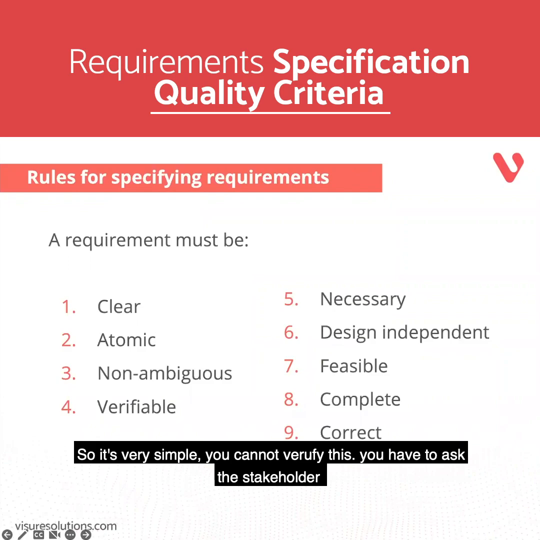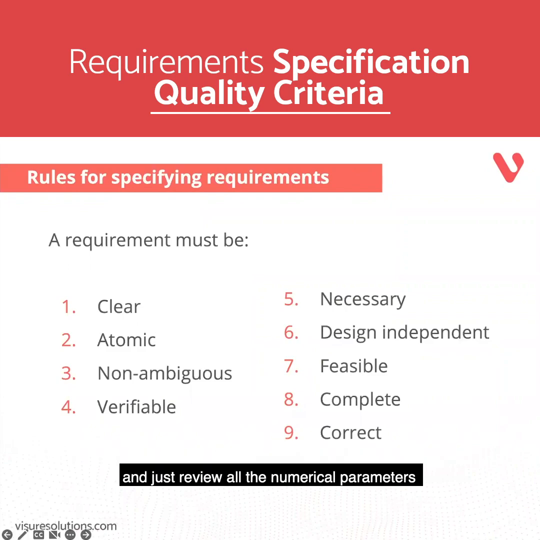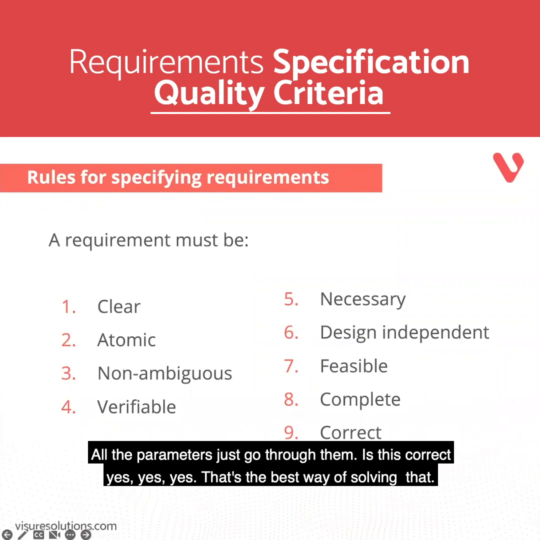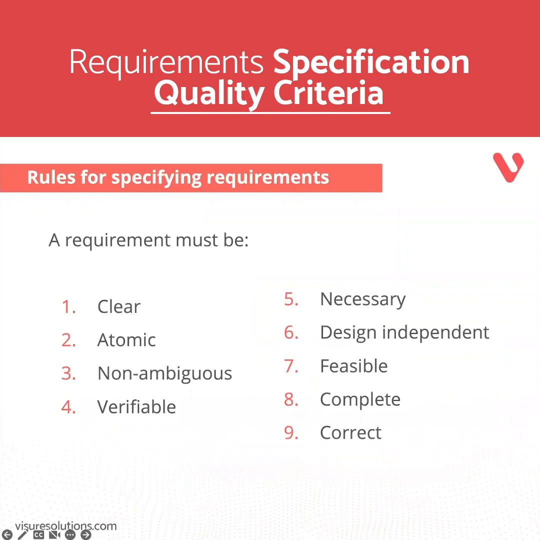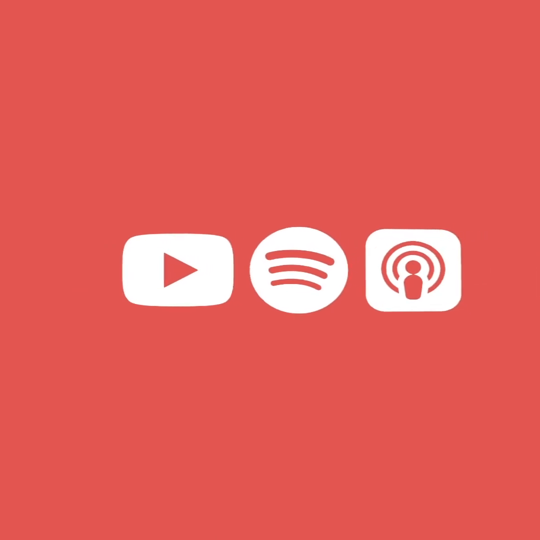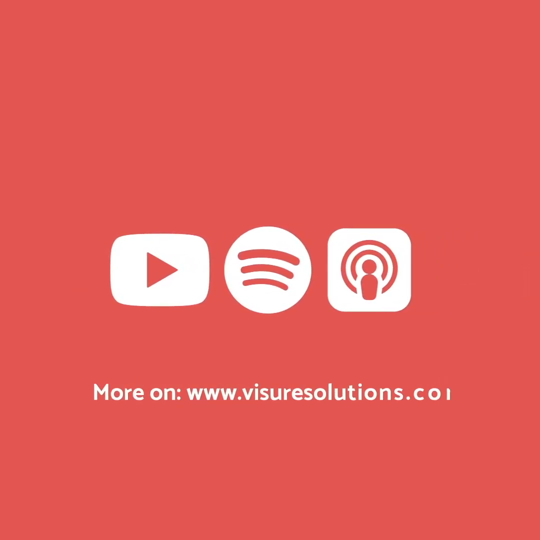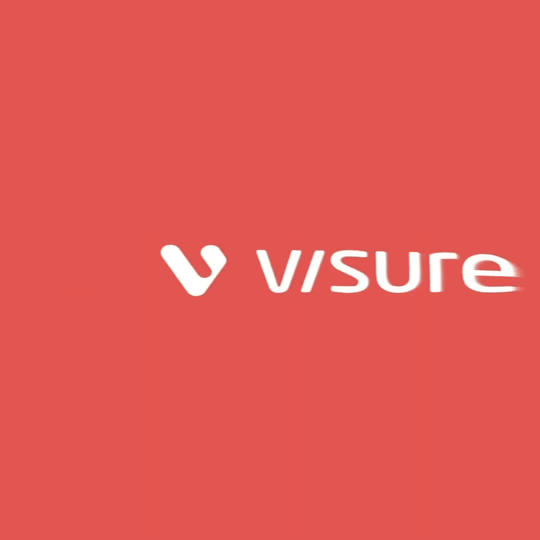You cannot verify this. You have to ask the stakeholder and just review all the numerical parameters. So all the parameters, just go through them. Is this correct? Yes, yes, yes, yes. That's the best way of solving that.